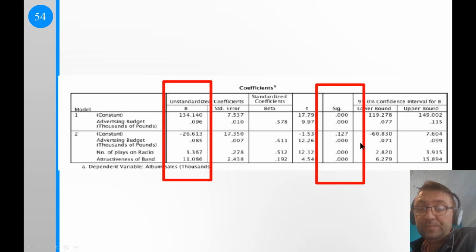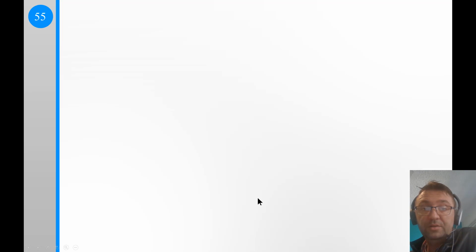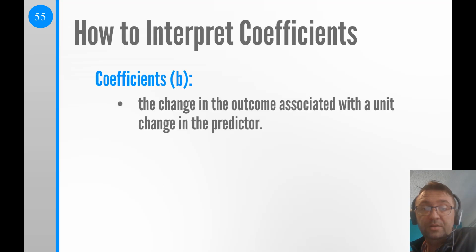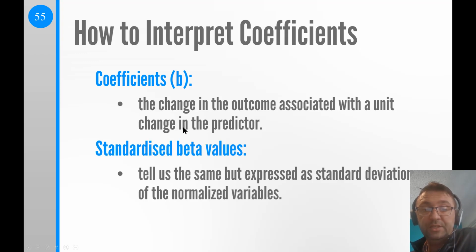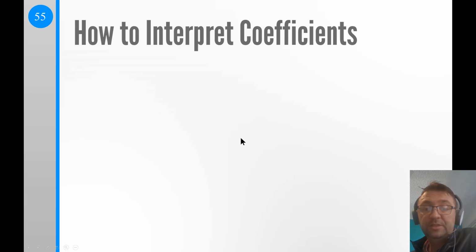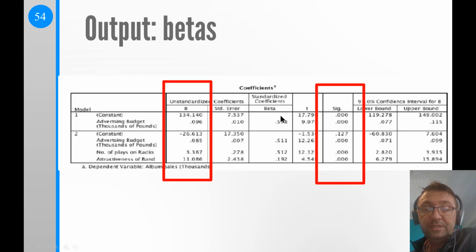Okay. You can see here the confidence intervals for each of those different unstandardized coefficients. Each coefficient is a change in outcome associated with a unit change in the predictor. These things here are standardized beta values.